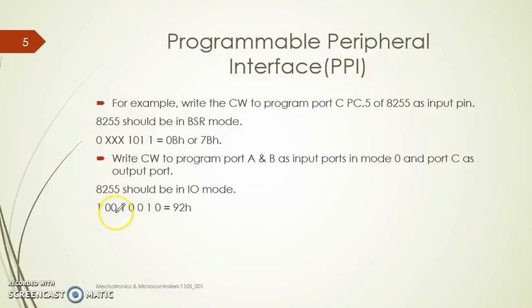Therefore D6 and D5 are 0. Port A should be input, so this is 1, whereas port C upper is output, therefore this bit is 0. Port B is again mode 0, so the D2 bit is also 0. D1 bit, port B should be input, so it is 1. D0 bit, port C lower should be output, therefore this is again 0. So the control word written is 92H.